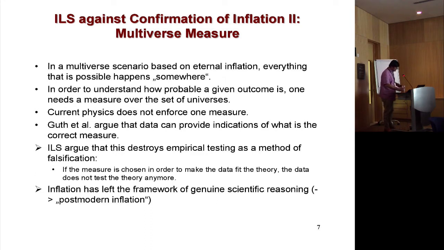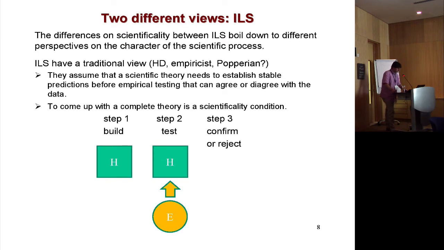And this is rejected again by ILS because they claim that this puts the hierarchy of theory testing upside down. So if you want to test a theory, you need to enter with a specific choice of measure in order to rely on measurement. Otherwise, you are not seriously testing the theory at all. So therefore, once again, they come to the conclusion that inflation, once it deploys these methods, has left the framework of genuine scientific reasoning, and we end up with this postmodern inflation.